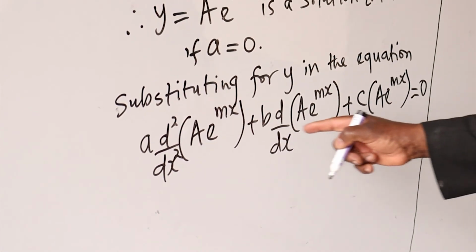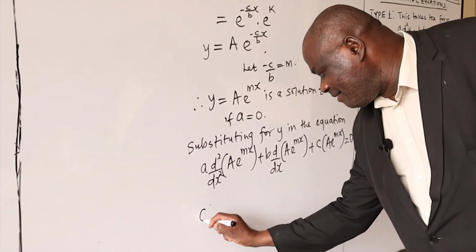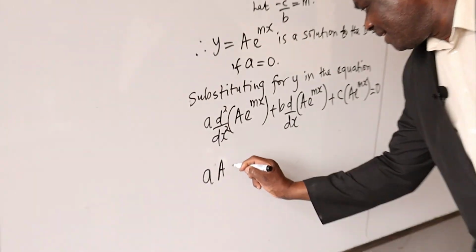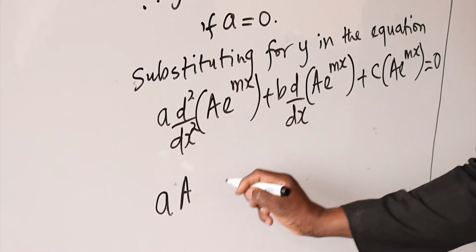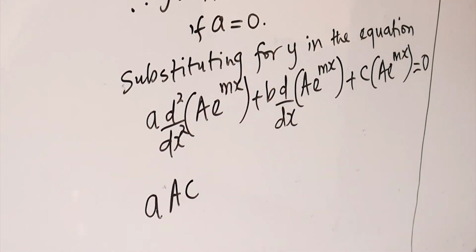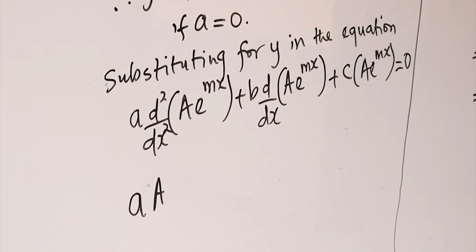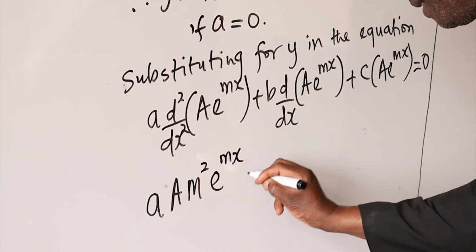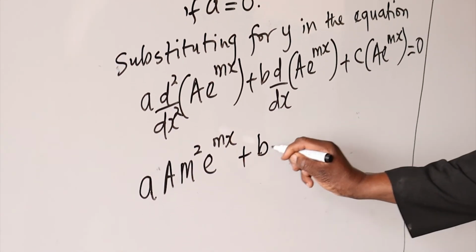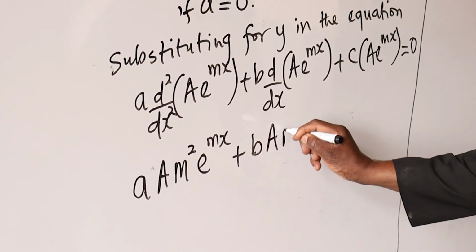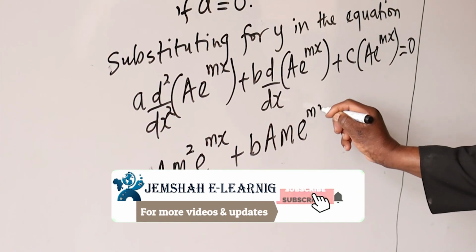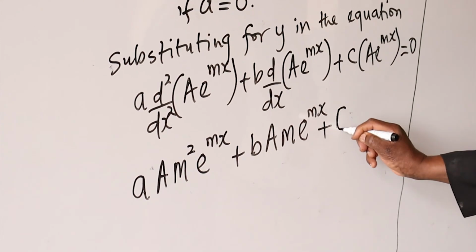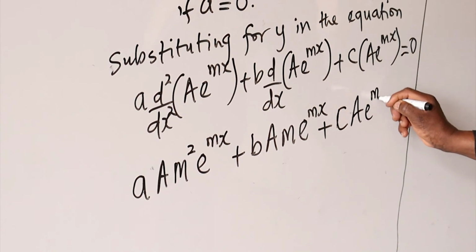Now, when we differentiate the way we are saying here, taking the second derivative of this, we will now have A with capital A m squared e power mx plus B with capital A m e power mx plus C capital A e power mx.